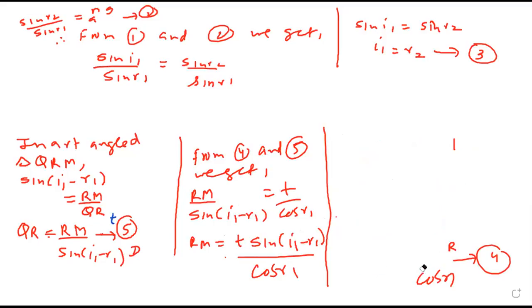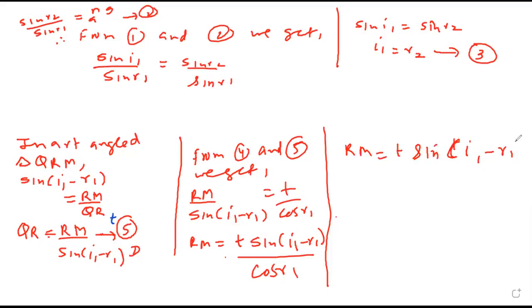So the final answer you can write as lateral shift RM equals T into sine of I1 minus R1 into sec of R1.